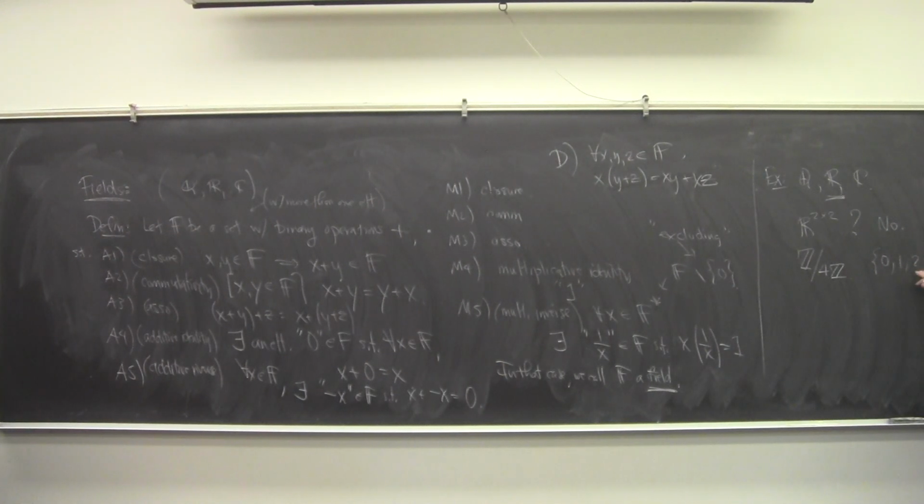When you multiply, 2 times 2 would be 4, which goes back to 0. 2 times 2 is 0, et cetera. Is this a field? So think about it. Talk to somebody for 10 or 20 seconds. That's all you get.